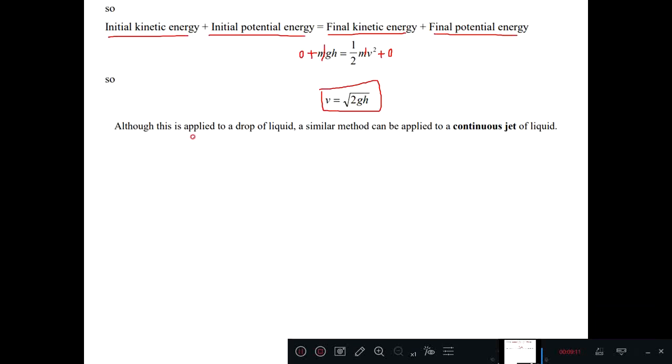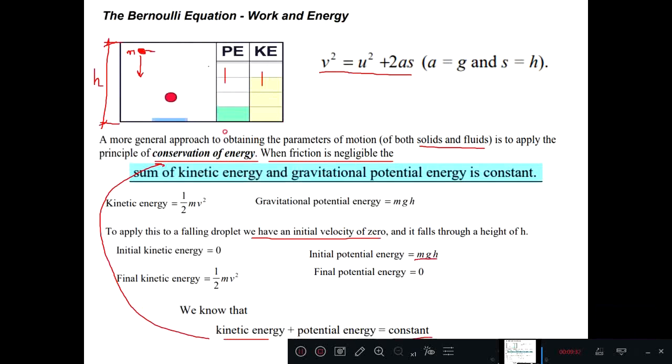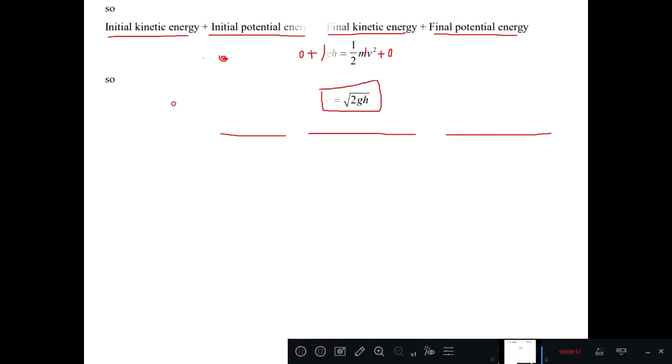Although this is applied to a drop of liquid, a similar method can be applied to a continuous jet also. The above equation was applied to the drop of liquid when it was falling down, and a similar method can be applied to a continuous jet.